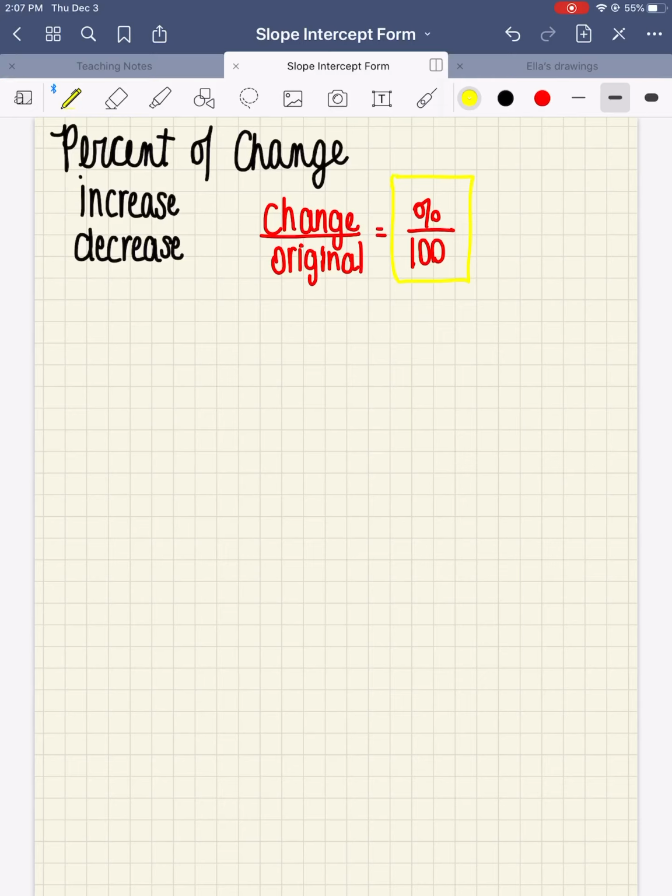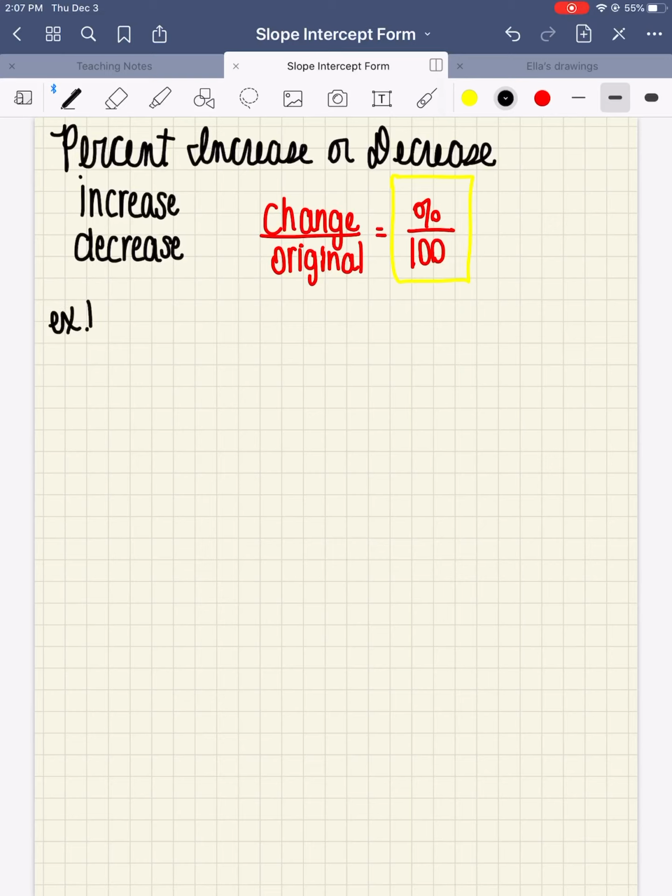Probably more often than not, the way we'll refer to this will be percent increase or decrease. It is still percent of change though. So let's work through a couple of examples here.